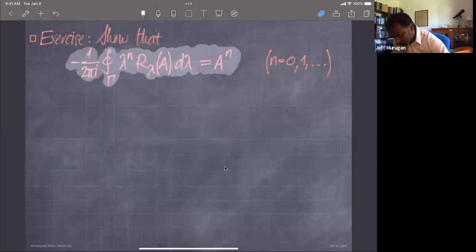So let's see why this would be useful to know, other than the fact that it's just a really cool integral.